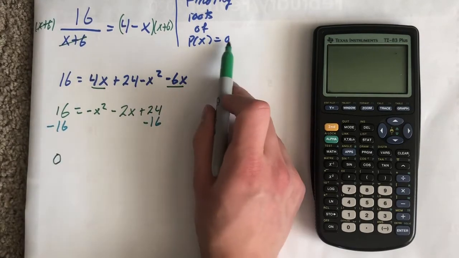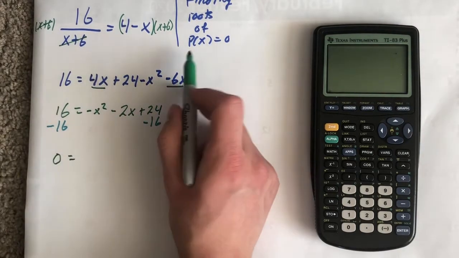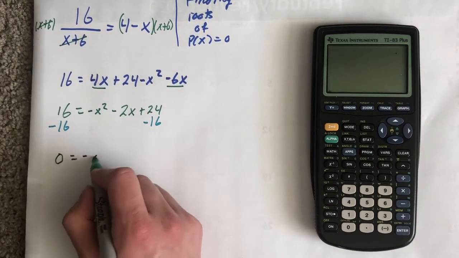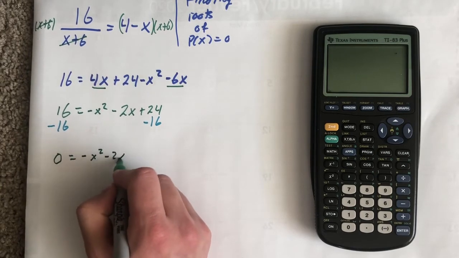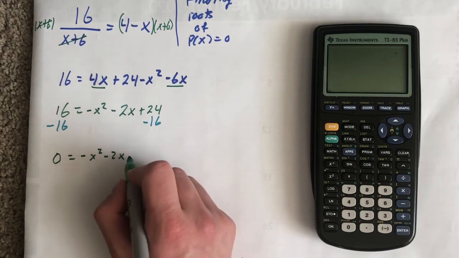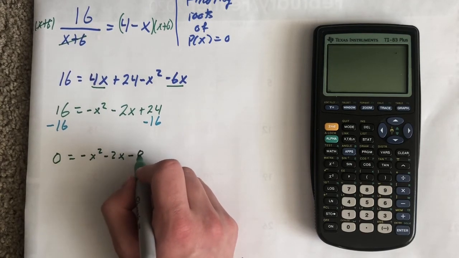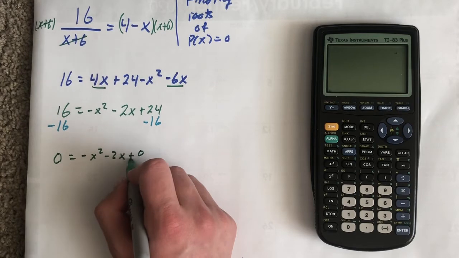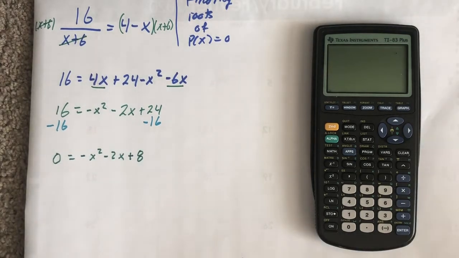So now I have 0 equaling some function. Our function is negative x squared minus 2x. 24 minus 16 gives us a negative 8. Sorry, positive 8. 24 minus 16 definitely gives us positive 8.